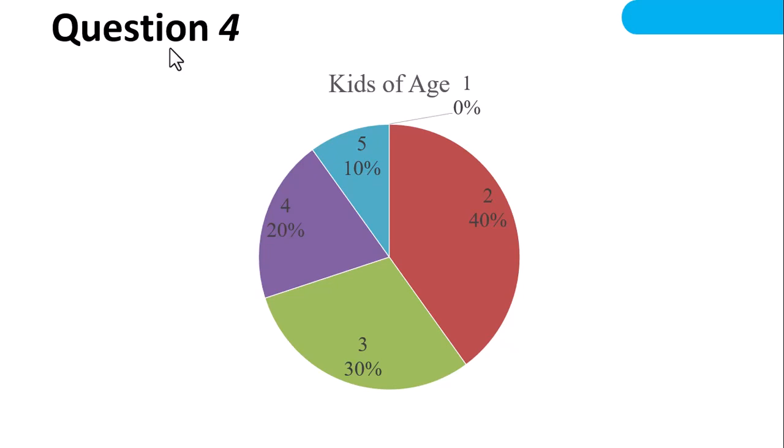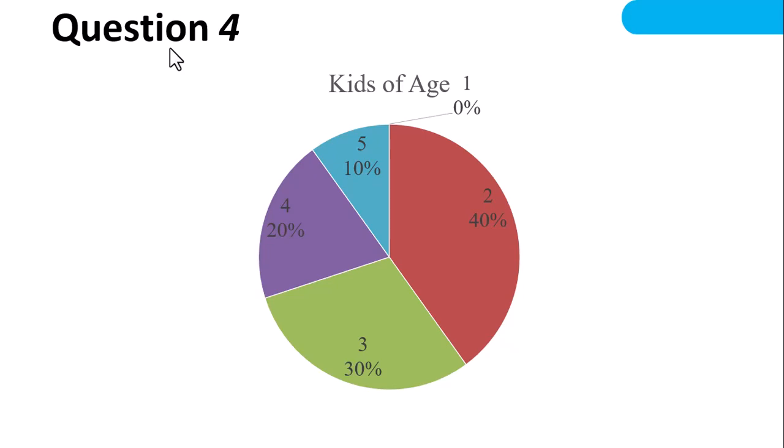Actually, 4 kids are 2 years, 3 kids are 3 years, 2 kids are 4 years, and one kid is 5 years. And our requirement to use this application is 1 to 4 years.